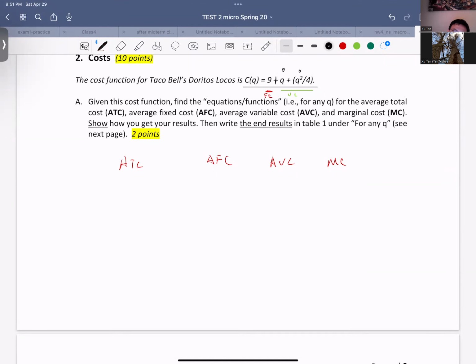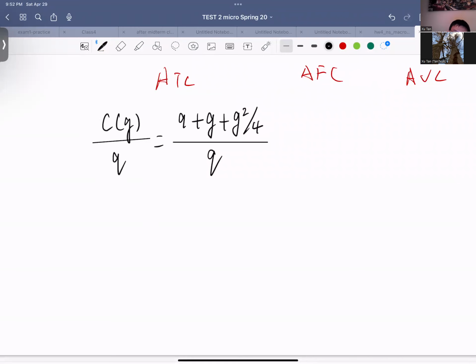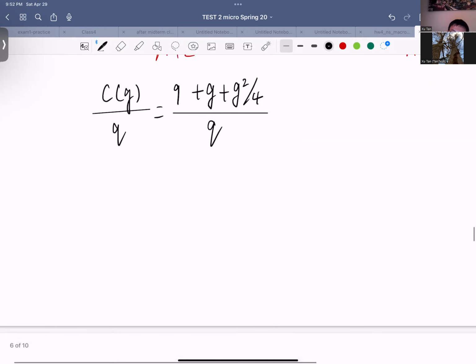So we need to find the equation for those. Average total cost would be cost of Q divided by Q. In this case, 9 plus Q plus Q squared divided by 4, all divided by Q. I have a problem writing my 9 and Q. Okay.